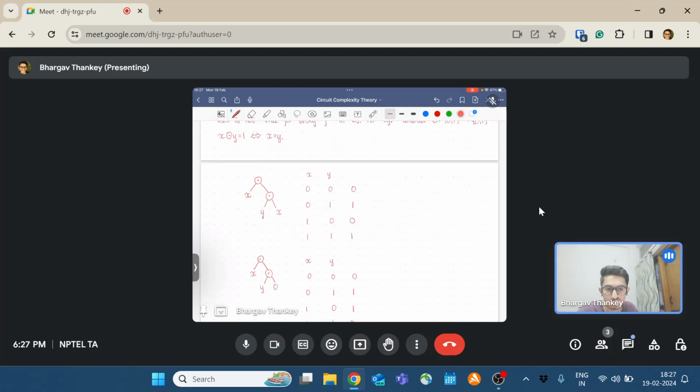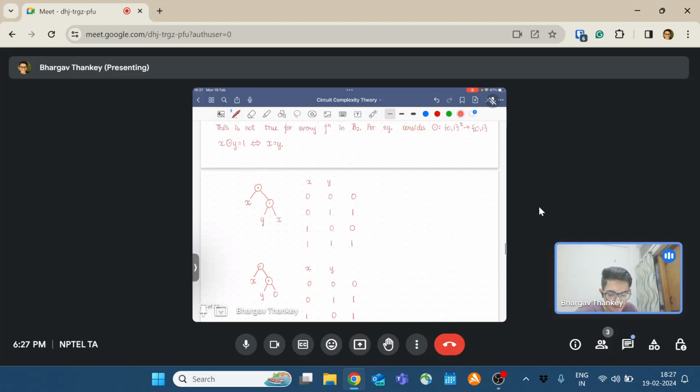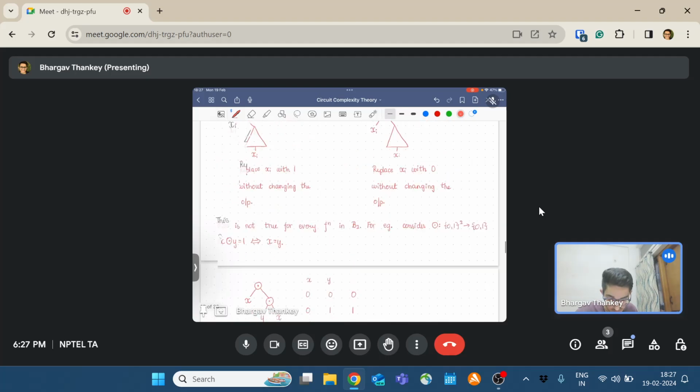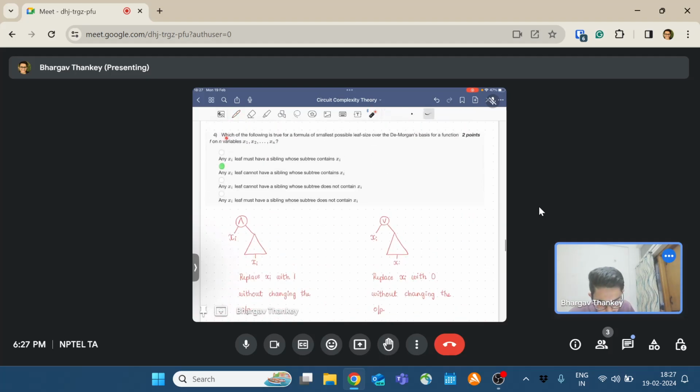Now, instead of y, you can have something very large over here, right? So this statement is not true for every function in B2. And this is the reason why Subbotovskaya's theorem's proof only works for De Morgan's basis, because this fact is crucially used in the proof. Right. I'll be applying a random restriction.